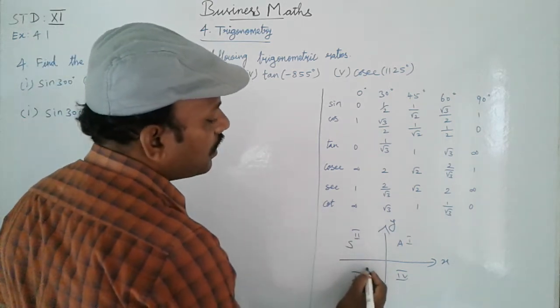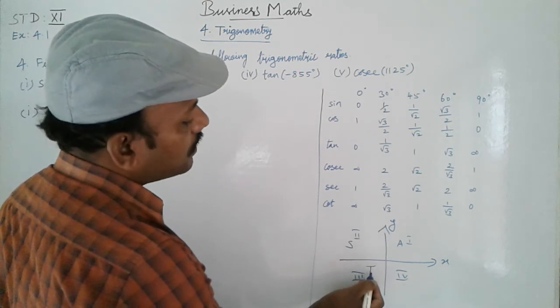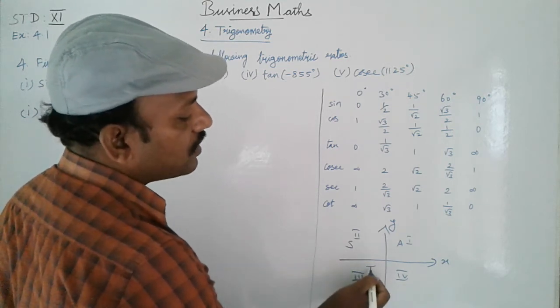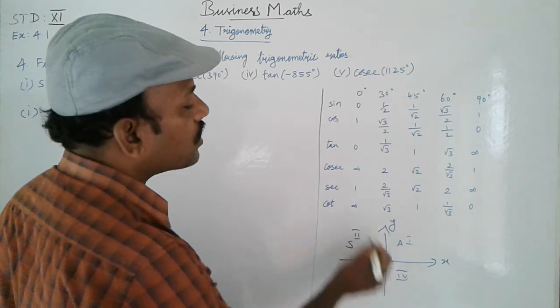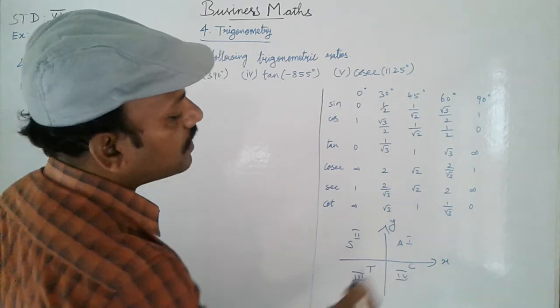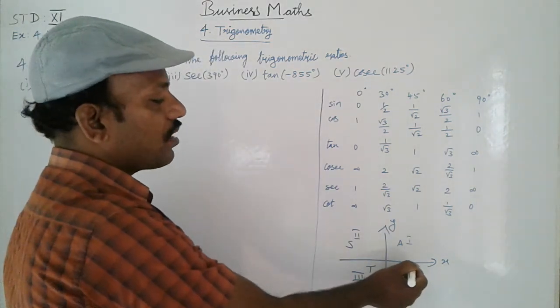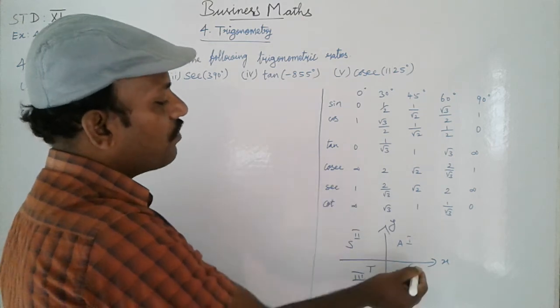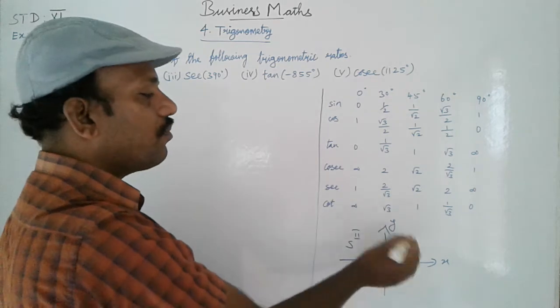Next T. Here T means tan value only is positive in the third quadrant, other values are negative. C. In the fourth quadrant, cos value and secant value are positive.